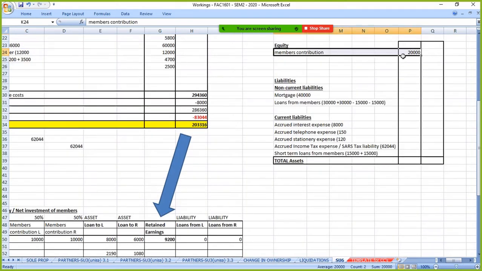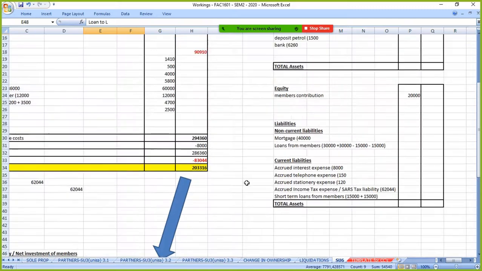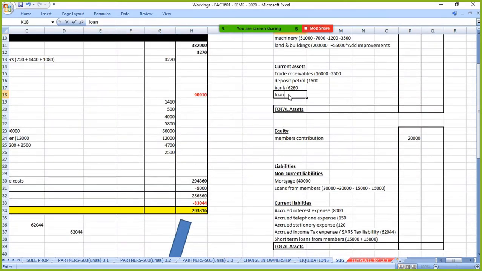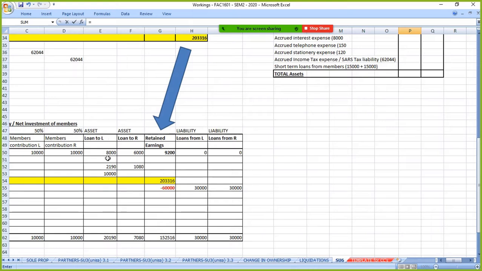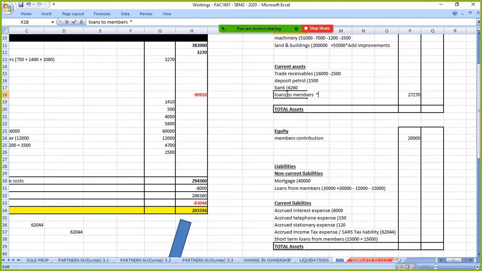That's there. What else is equity? This is an asset. Do I have that asset? Let me go check. No, I don't. So loans to members. This is loans to members, loans to L plus loans to R. Enter. Asterisk from the SOCI.